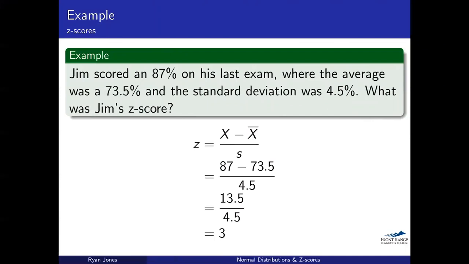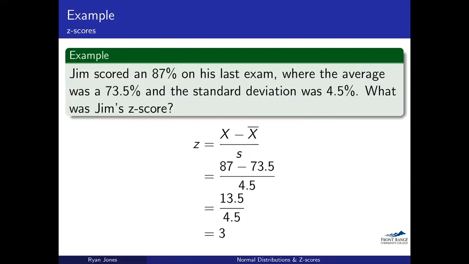We've got his score of 87, the average of 73.5, and the standard deviation of 4.5. So take that difference, divide it by the standard deviation, you get 3. What this tells us is that his z-score is 3, but more importantly, it tells us that he scored 3 standard deviations above the average.